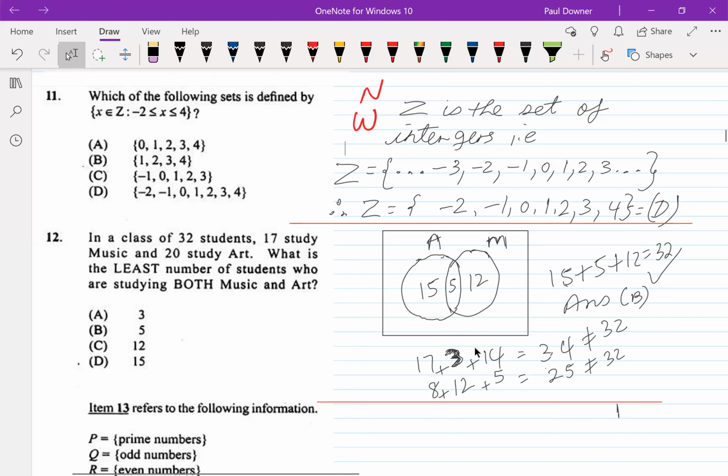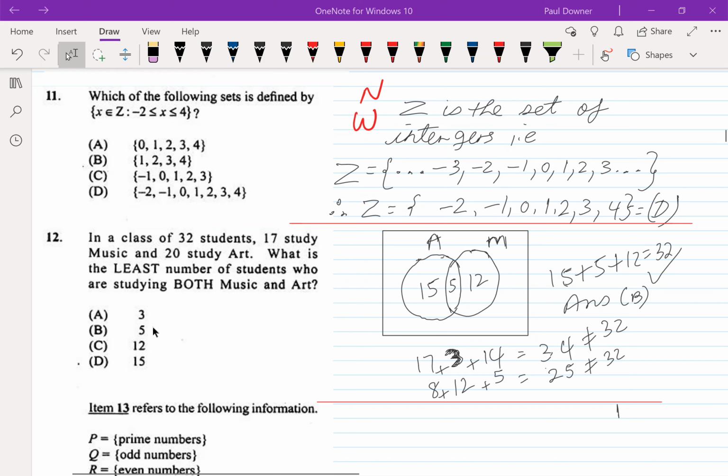Now, if you add up those three numbers, you should get 32, like we got 32 here. Let's try it. 17 and 3 is 20. 20 and 14 is 34. 34 is not equal to 32, so this combination cannot be right. It didn't make sense checking the others because they were looking for the least number of students. So even if these worked, it wouldn't have been the option that you would choose because it would not have been the least. The least would be 5.